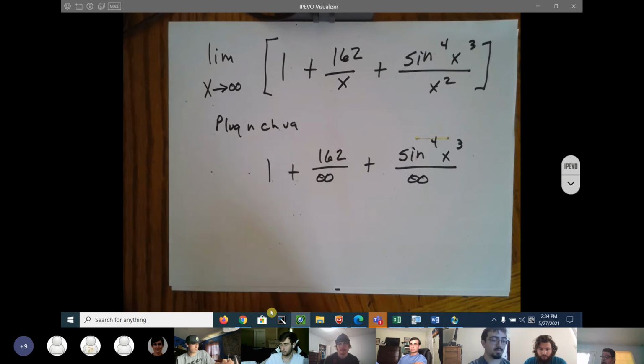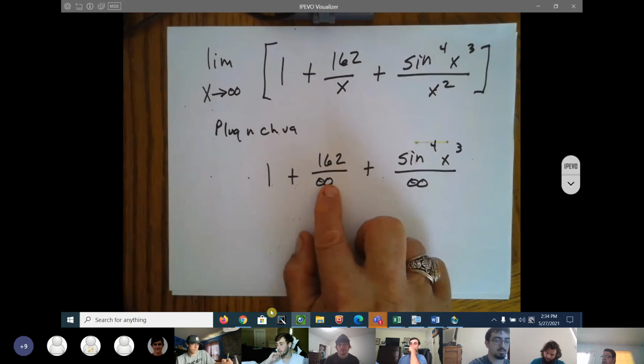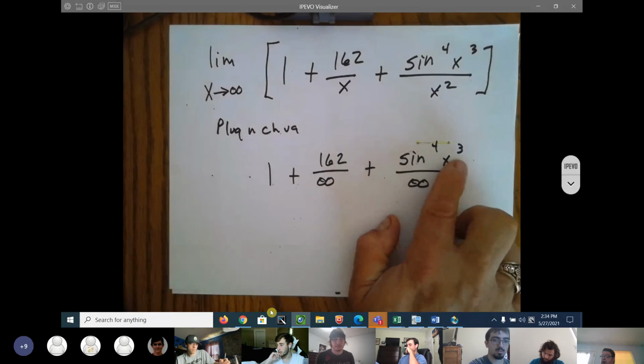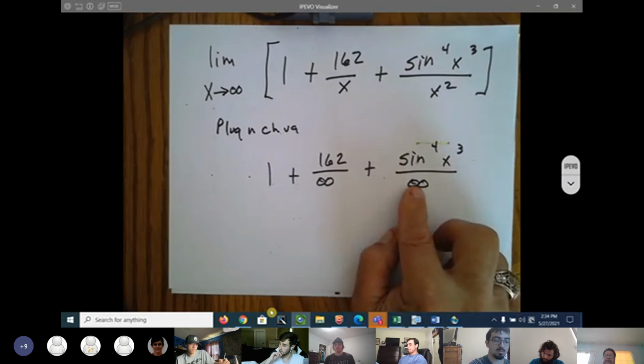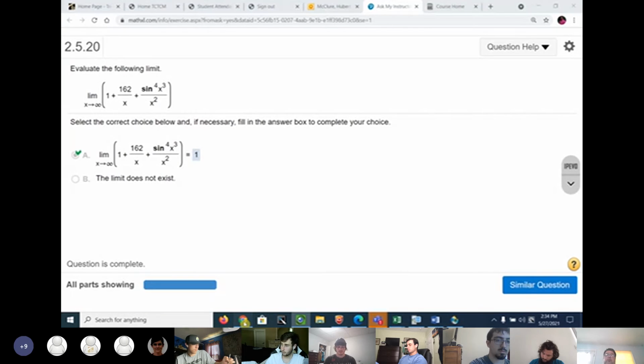25 trillion, okay? 162 divided by 25 trillion, over sine of 4x to the third over 25 trillion. I think that's squared, isn't it? Hold on a second. Oh gosh, it's squared. So that means 25 trillion is going to be squared.